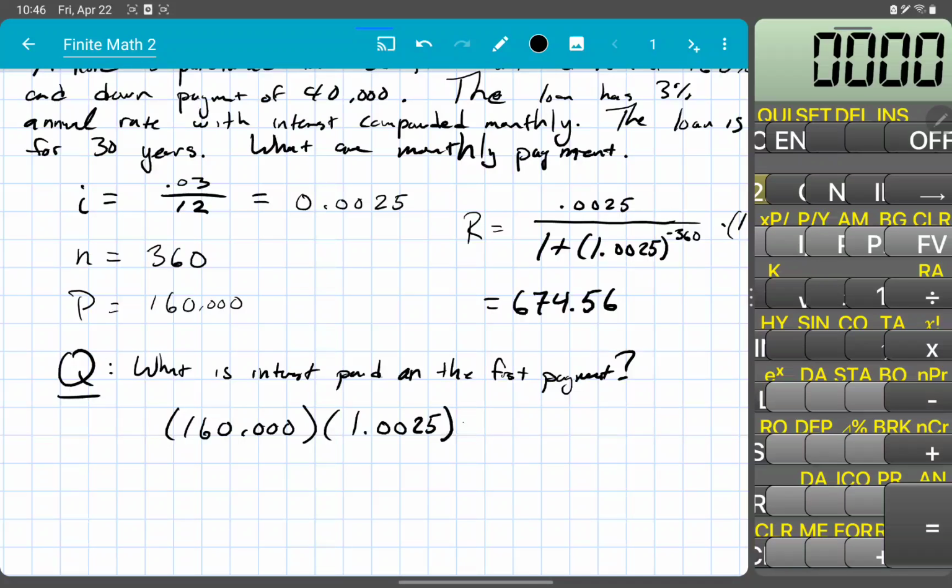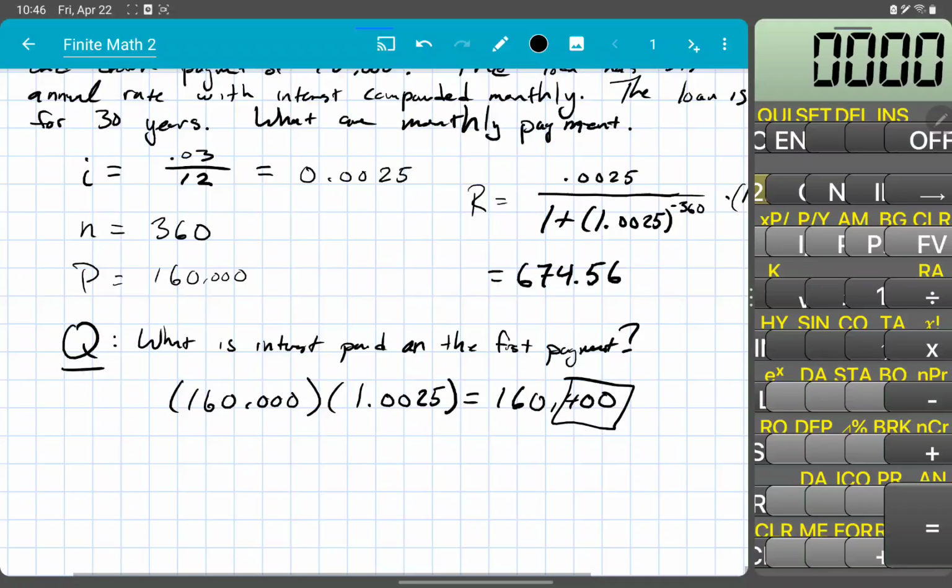At the first day of the month when we got the loan, we owed the bank $160,000. But at the end of the month, or the first day of the next month, we owe the bank a little bit more because we've been borrowing the bank's money. We now owe the bank the product of $160,000 and 1.0025, which is $160,400. So actually, the interest that was added is $400.